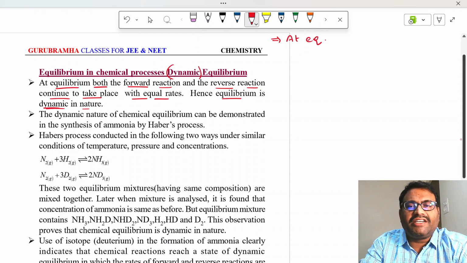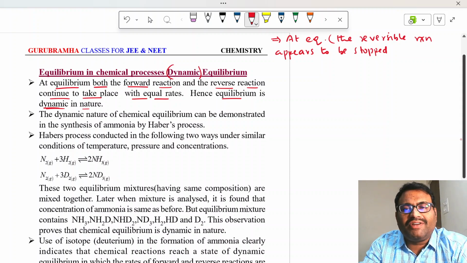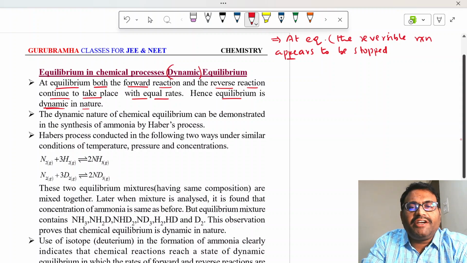At equilibrium, the reversible reaction appears to be stopped. Actually, it does not stop. Why does it appear to be stopped?